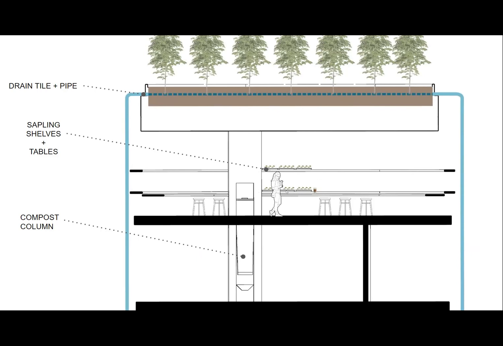Also on the second floor, we were thinking of incorporating planting and composting in front of where people usually have their coffee, and that's where the saplings are going to be placed. This illustration also shows more clearly how a drain tile would work and how it's connected to the pipes on the exterior of the building.